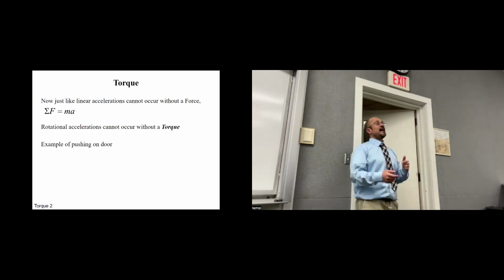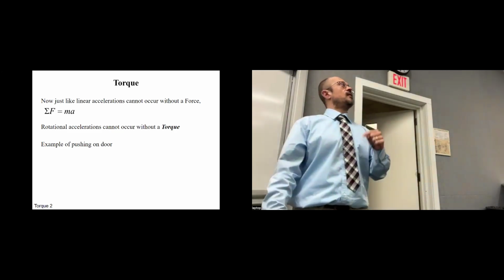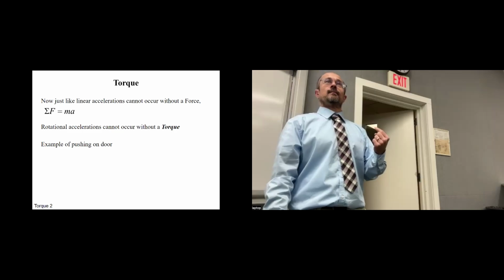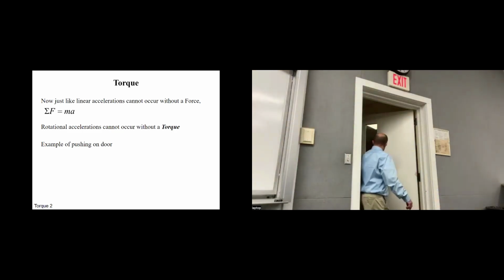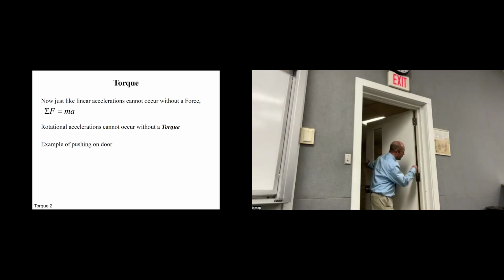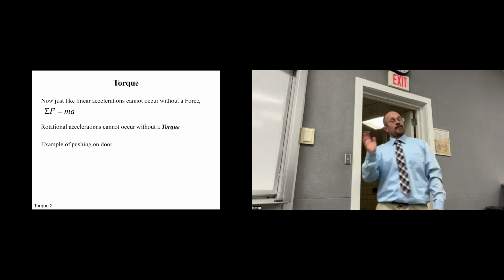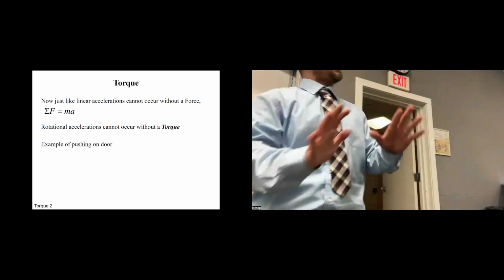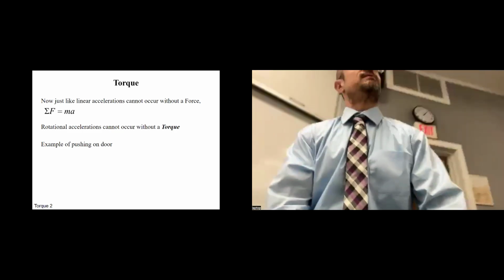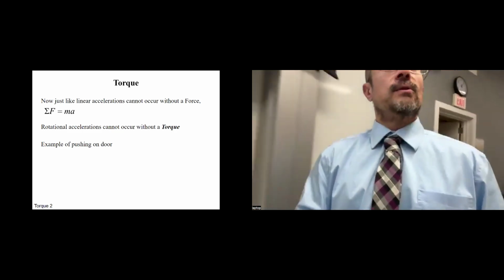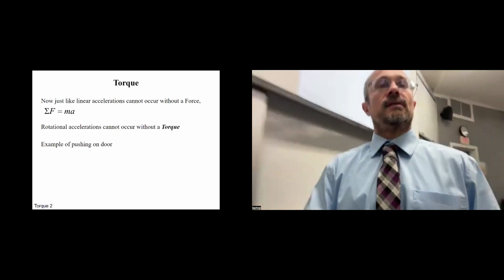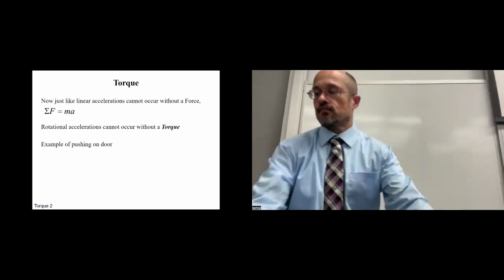Matter of fact, there's an angle I can push on the door that doesn't cause the door to move at all. If I push out here on the side of the door or along this part of the door frame, this will not cause a rotation, right? So where you push and how you push makes a difference in terms of the rotation, which is related to the torque. So let's look at this.